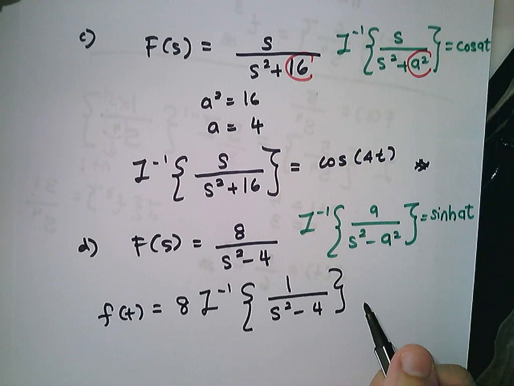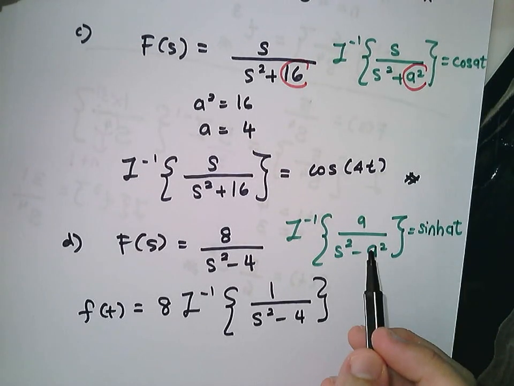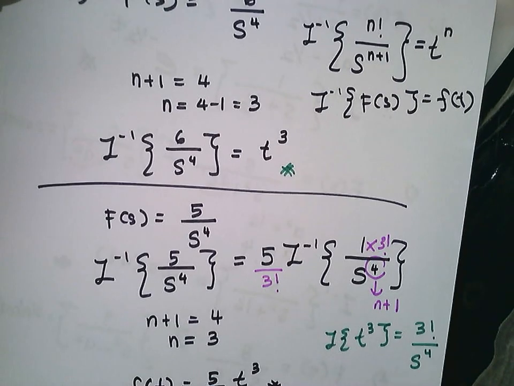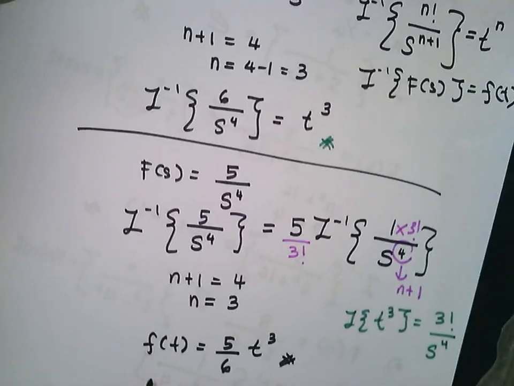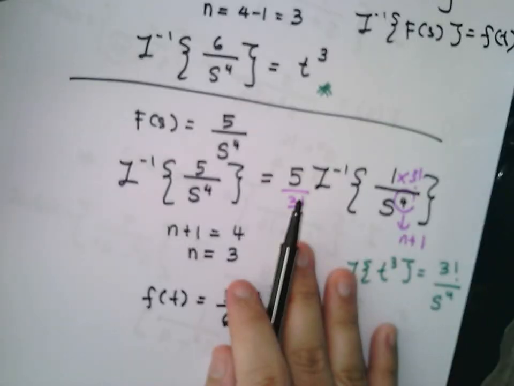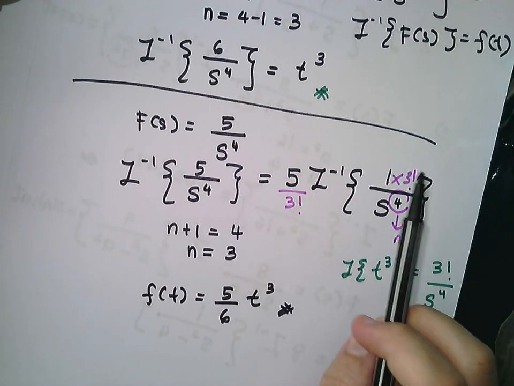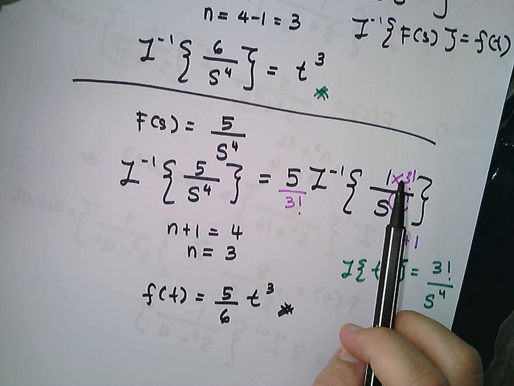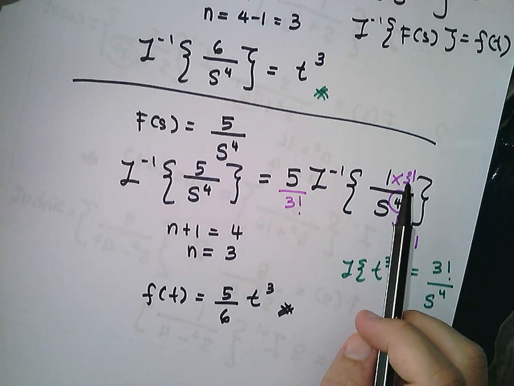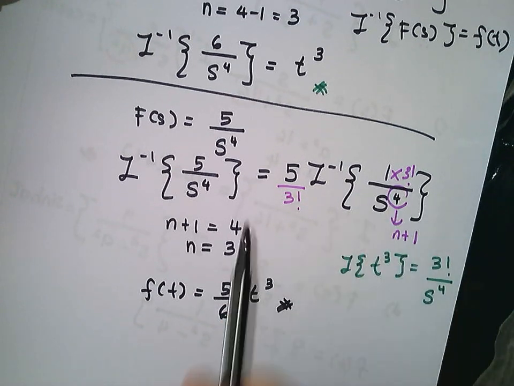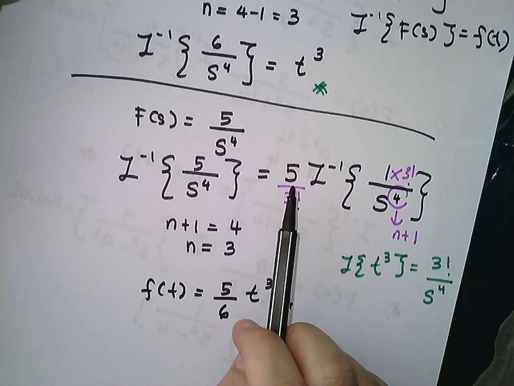Remember, if you don't have the same value of a, you just factorize the constant first, just the same as what we did here. As you can see here, when you have n equal to 3, you know that here should be 3 factorial, which is 6, but you don't have it. So that's why it's easier for you to just factorize it first. Okay, so the same process here.